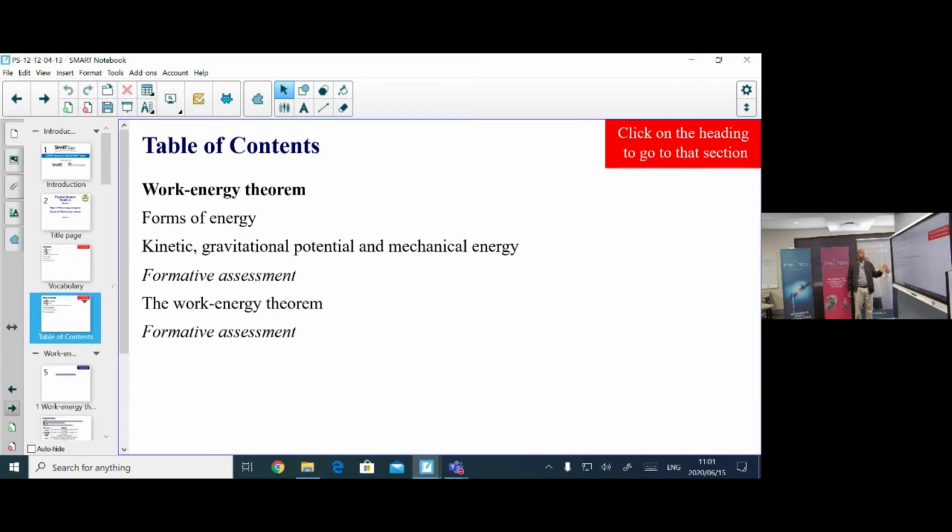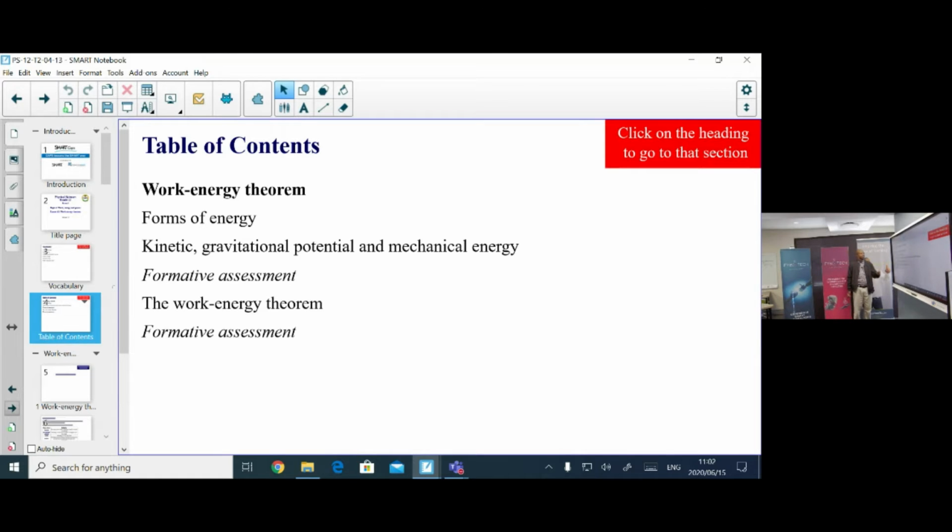What I need you to recall is the definition of kinetic energy, because we have done it in Grade 10 and 11. Kinetic energy is the energy of a moving object, denoted by EK, which equals half mv squared.